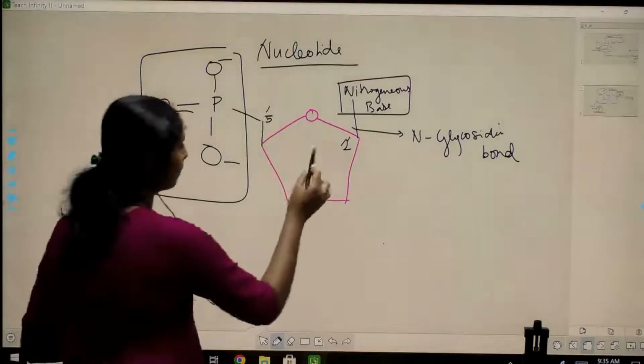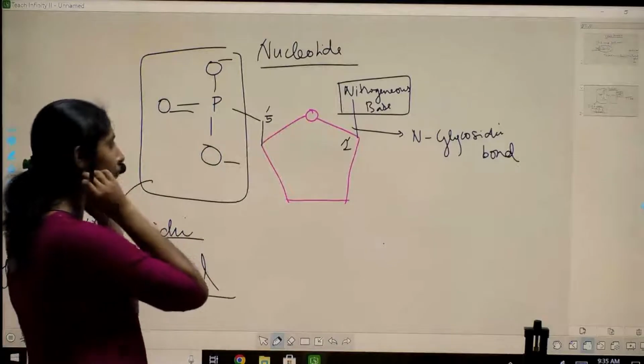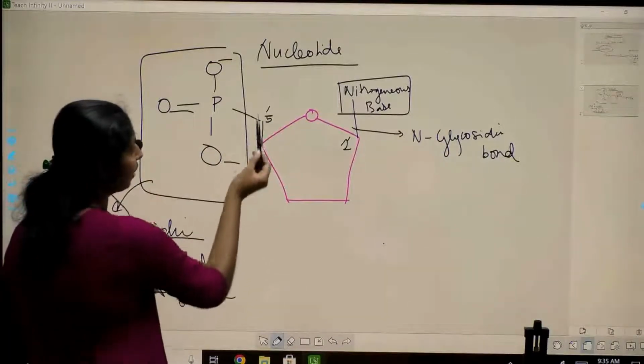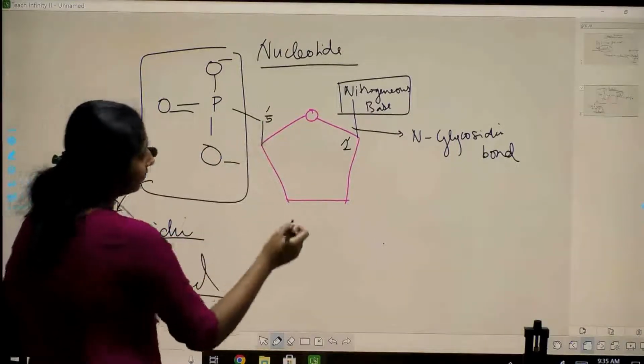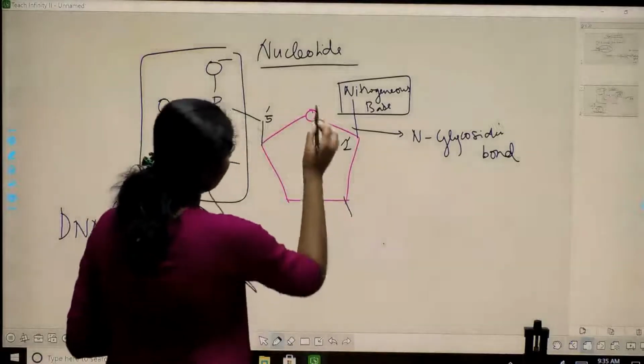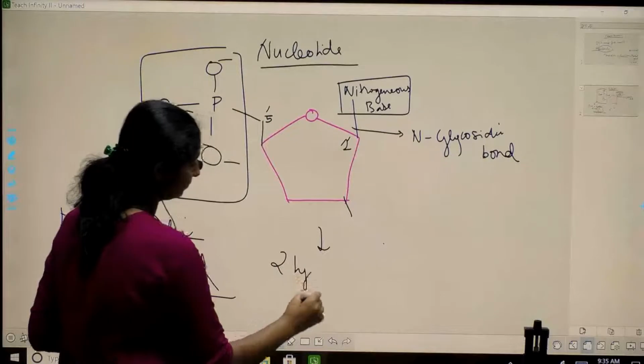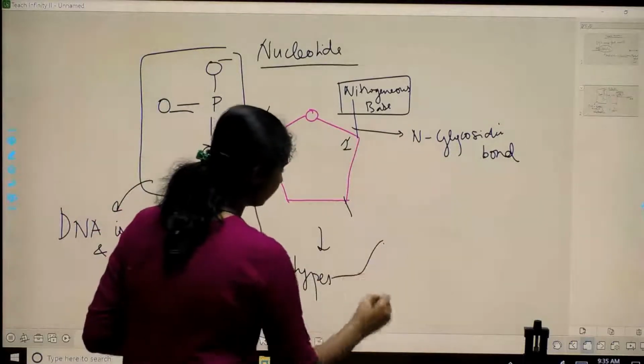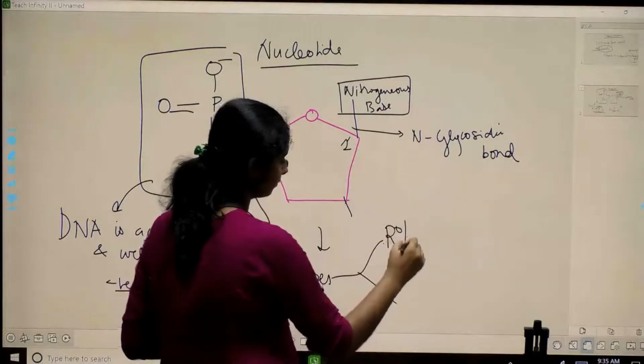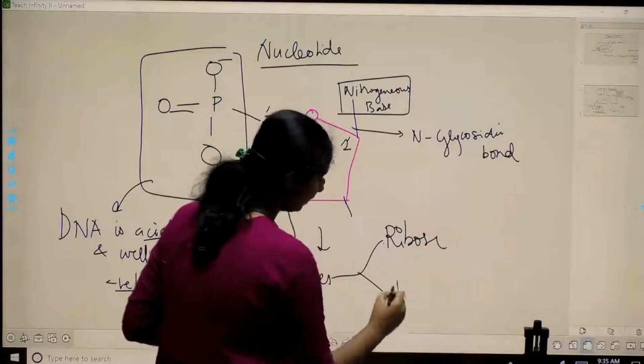So this sugar is a pentose sugar. It will have 5 carbons. The 5th carbon is projected outwards. Now this pentose sugar can be of 2 types. It can either be ribose sugar or deoxyribose sugar.